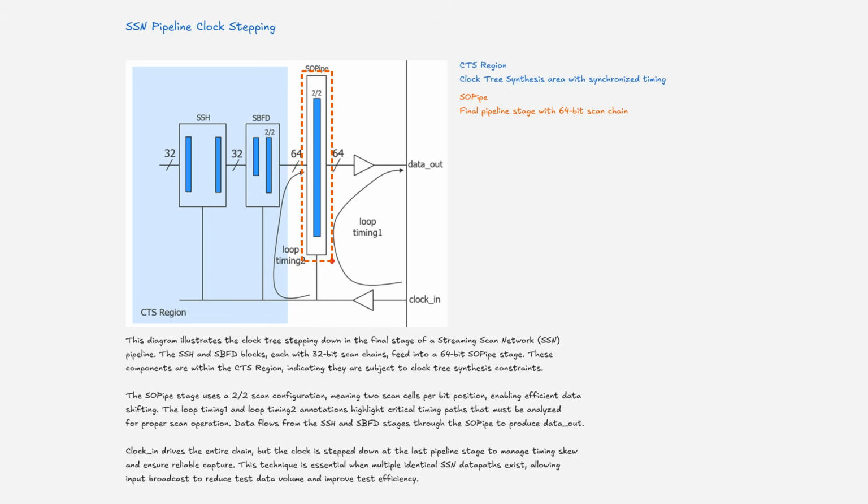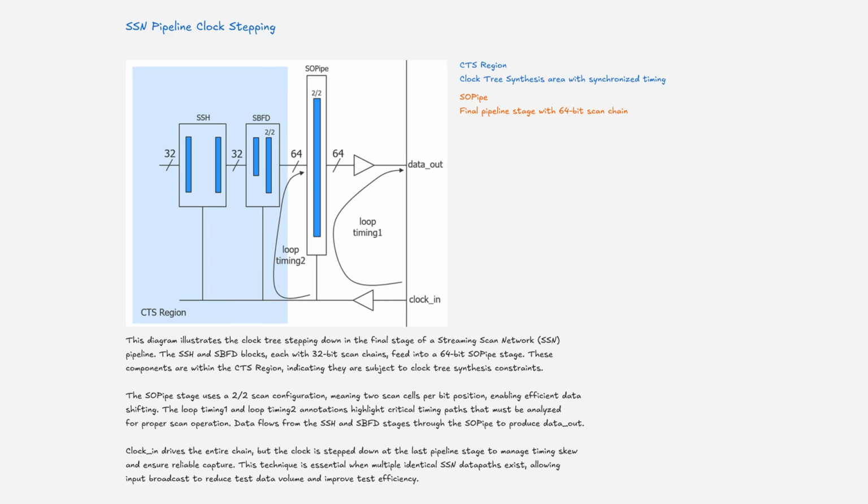The loop timing 1 and loop timing 2 annotations highlight critical timing paths that must be analyzed for proper scan operation. Data flows from the SSH and SBFD stages through the SO pipe to produce data out. Clock in drives the entire chain, but the clock is stepped down at the last pipeline stage to manage timing skew and ensure reliable capture.